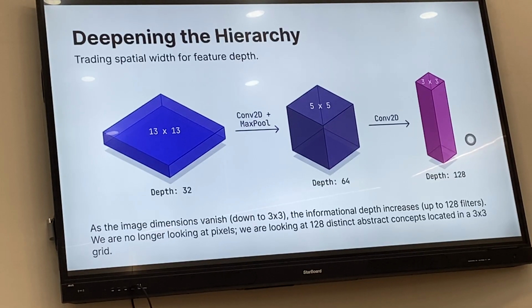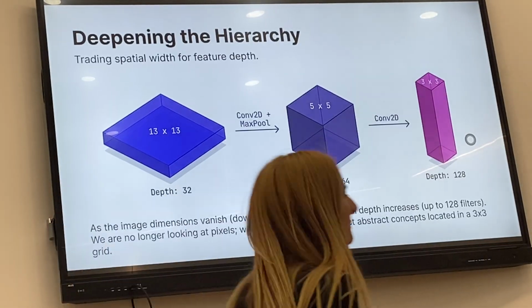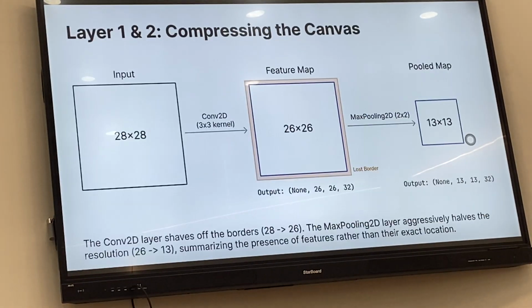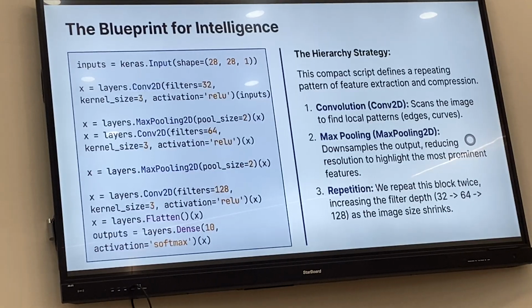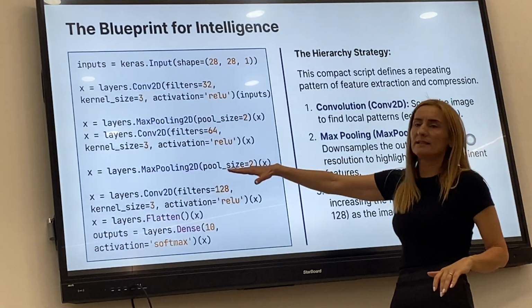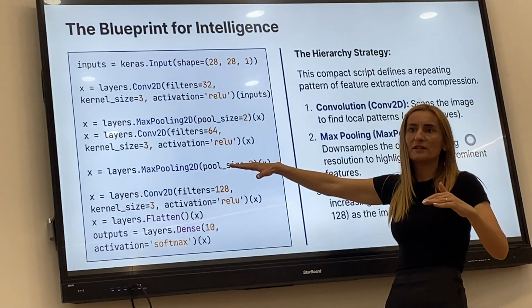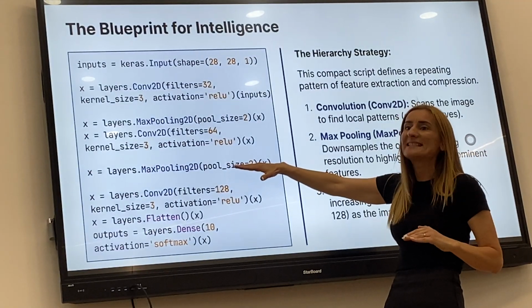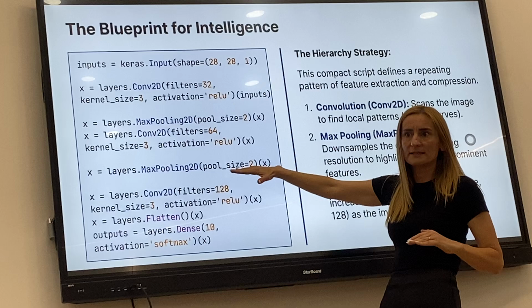The dimension from 13 by 13 goes to 5, and the depth has increased, because the number of filters is up to 64. That's all. I'm not applying any more convolutional layers here. So up to here, the dimension is 5, 5, and 64 due to the filters.